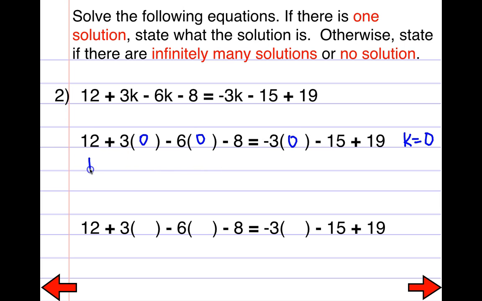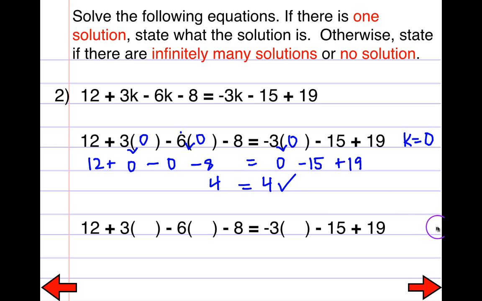So I'm left with 12 plus 0 minus 0 minus 8 equals 0 minus 15 plus 19. So here, this is nothing, so 12 minus 8 is 4. Here, negative 15 plus 19 is 4.